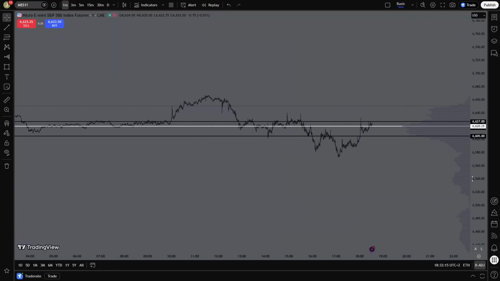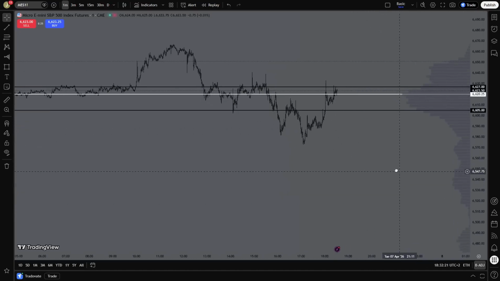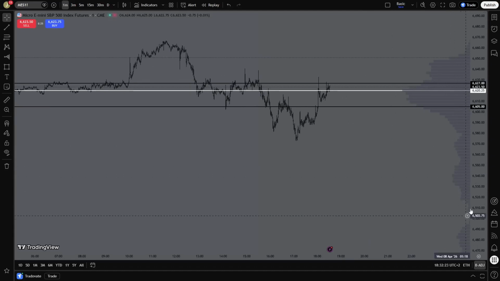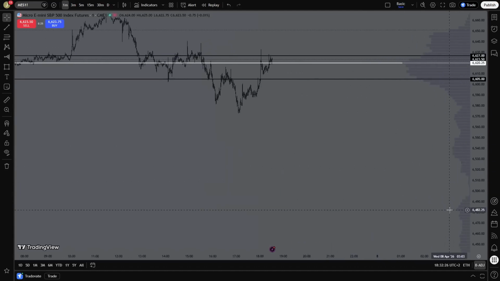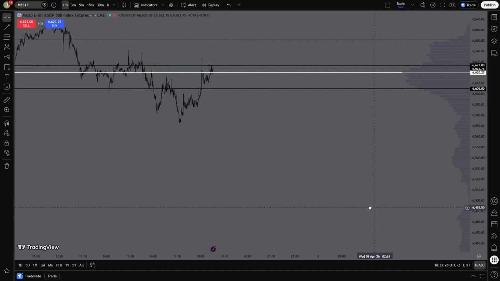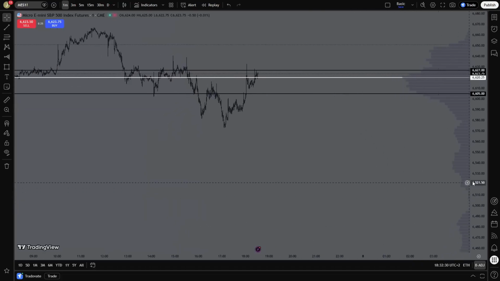But for example, if we were here and the value area would be here, I would still treat this as a good key level. The same as this low volume node. Because if we were here and we started rejecting this price, I would be looking to target this new price.